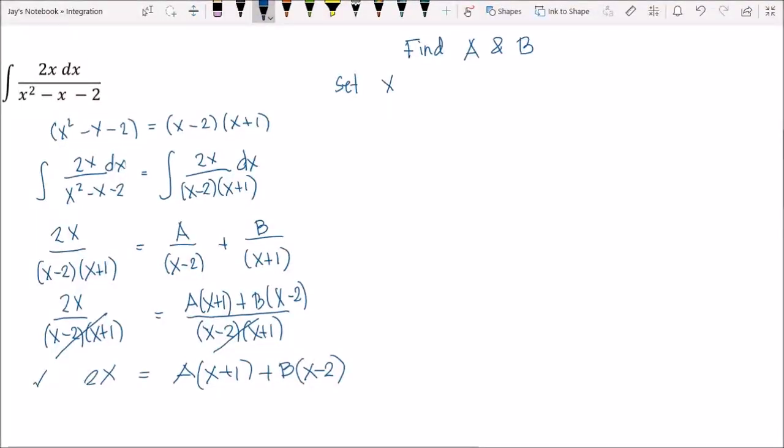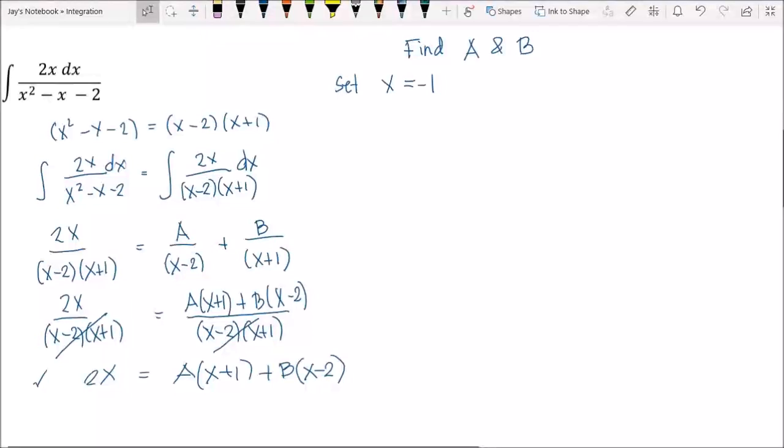Actually, you can assign any value of x, from 1 to infinity. But in this case, to make our computation easier, you assign a value to x that can be canceled or become 0. Okay, so in this case, we knew that our x here is equal to negative 1.